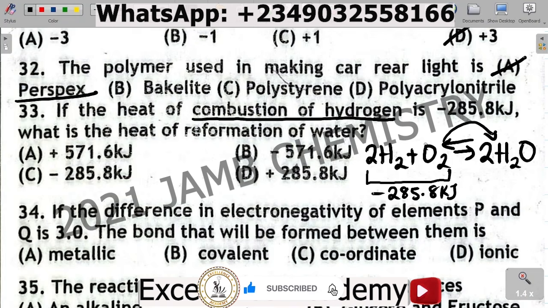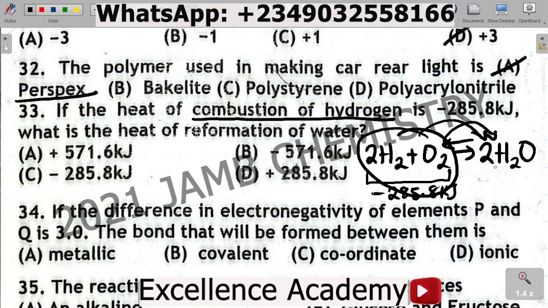So when you have the combustion of hydrogen to give you water, the opposite happens when it comes to the reformation of water. So you have the exact same heat value but opposite sign. So the answer becomes the same value, 285.8, but opposite sign, so it becomes plus. So for this question, the correct answer is D.